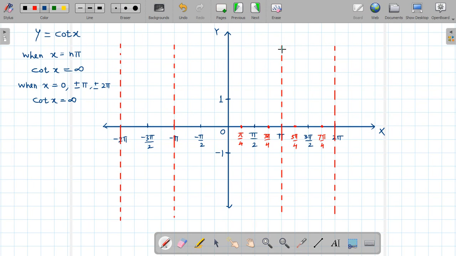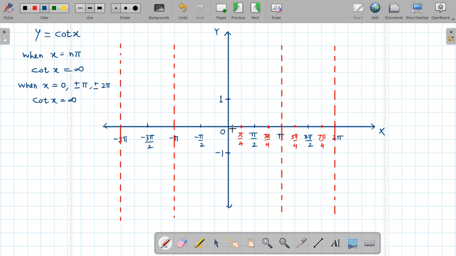Now we have drawn dotted red lines where the function becomes infinity. For pi, the cot function is infinity. For 2 pi, it is infinity. Similarly for 0 also. Here also, for minus pi the function is infinity, and for minus 2 pi it is infinity.